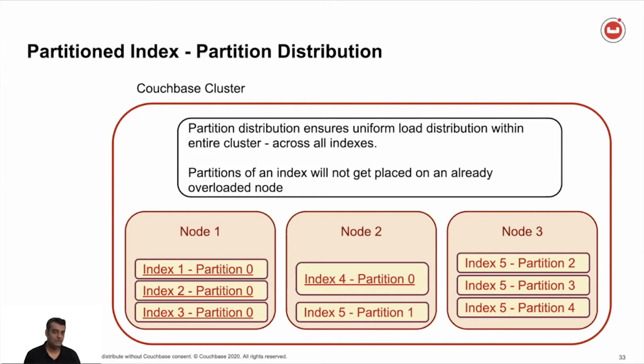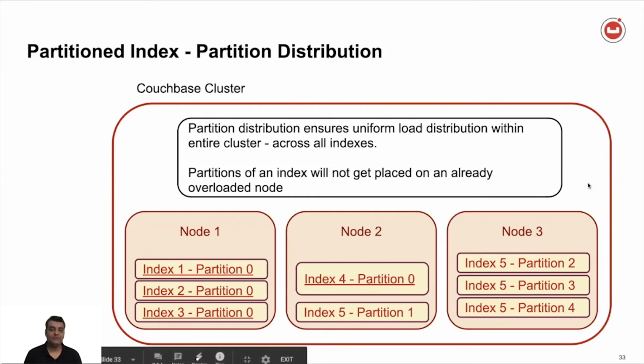When I say load, it's not just the load that is generated by that partition index, but the entire load generated by all the indexes. If you see here, the index 4 box is a little bit bigger, so it is generating more load than other indexes.